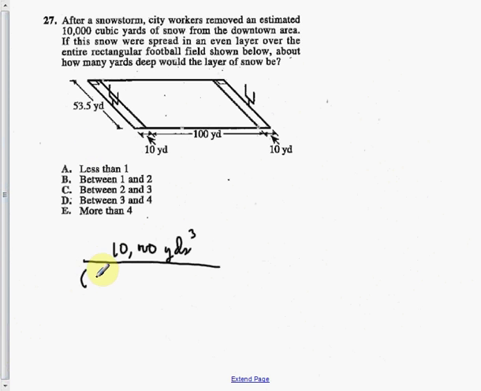So here this is 53.5 yards times 120. And that gives me this surface space.